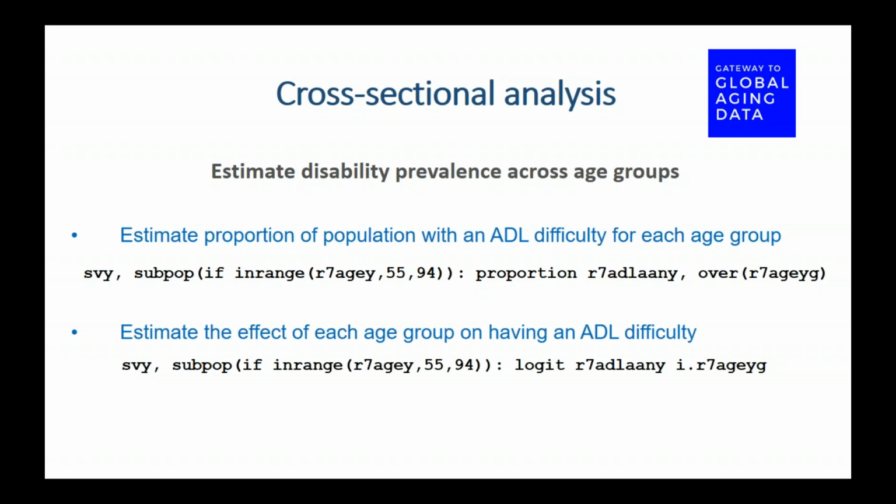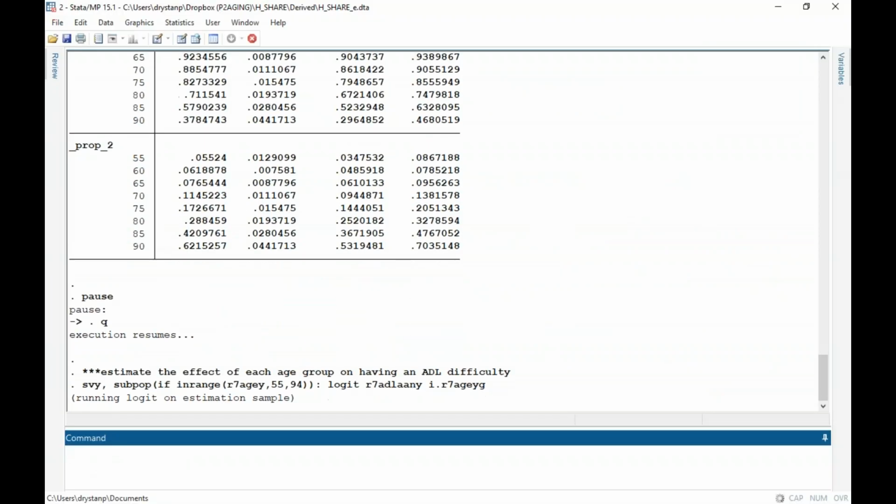In this case, we're going to specify, again, just our any ADL difficulty variable as the dependent variable, and our independent variable is just going to be our age groups. We preface that with i., which tells Stata to treat each case as an independent one, and basically makes a set of binaries. So let's run that inside of Stata.